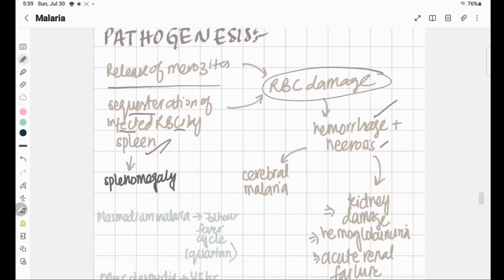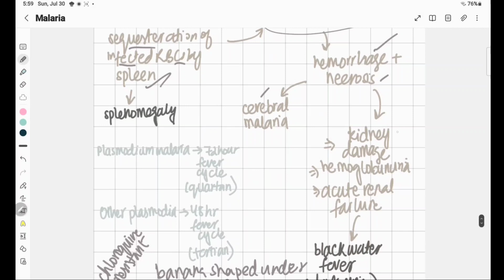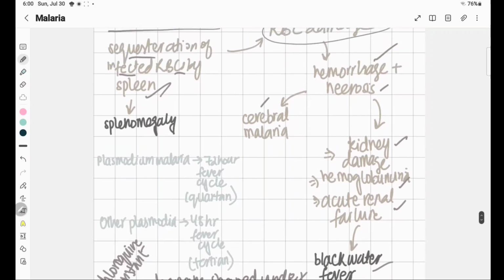Now, these can also go into the brain and cause cerebral malaria, and it can also go to the kidneys and cause kidney damage and hemoglobinuria and acute renal failure. Because of a lot of hemoglobin in the urine, the urine is going to get dark, and hence it is called dark water fever. And because the spleen is doing a lot of work for sequestration of infected RBCs, we're going to have splenomegaly.